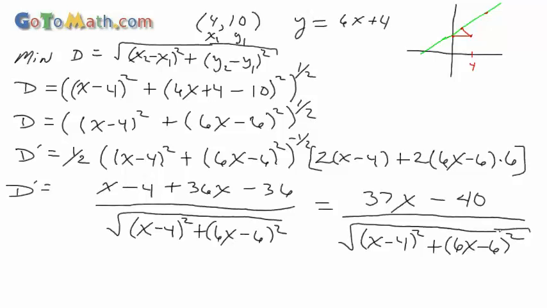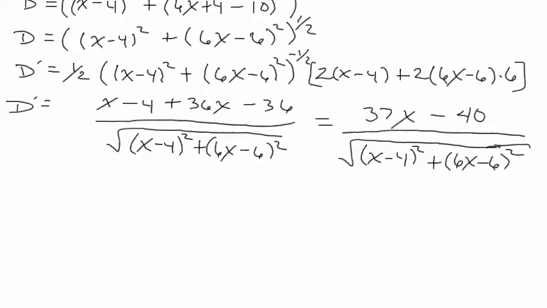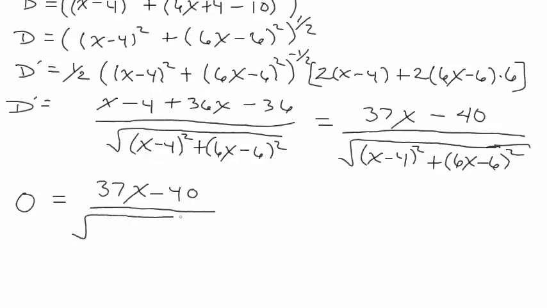Alright. Now, what's the next thing you do when we're looking for mins and maxes? We take the derivative, right? And then we set the derivative equal to 0, and we look for those critical numbers. So we're going to set this thing equal to 0. 37x minus 40 over the square root of x minus 4 squared plus 6x minus 6 squared.